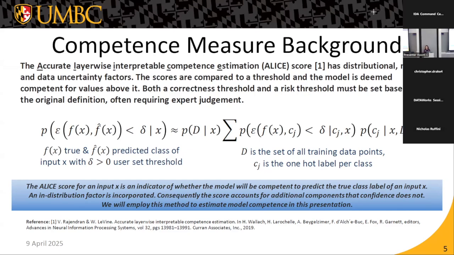It's a product of 3 factors that includes distributional, model, and data uncertainty. So you're looking at distances from the input data to the trained data set that you had. It also does weigh in the confidence, so that is part of the scale. What ends up resulting is an ALICE score, or competence score, between 0 and 1.